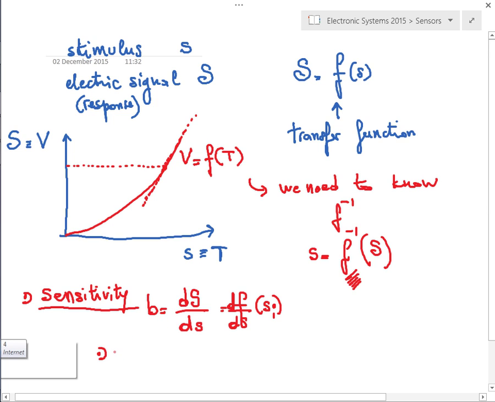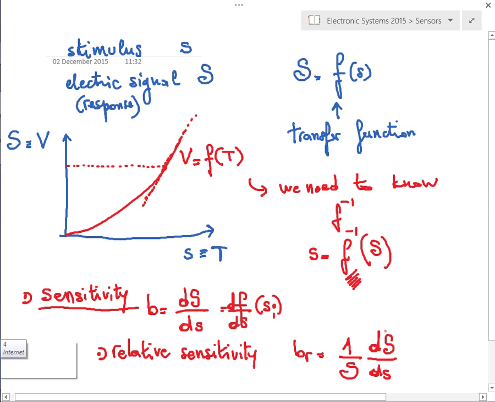We also have a relative sensitivity, which is sometimes used. Let's call it BR, and that is the derivative of the electric signal with respect to the stimulus divided by the stimulus.